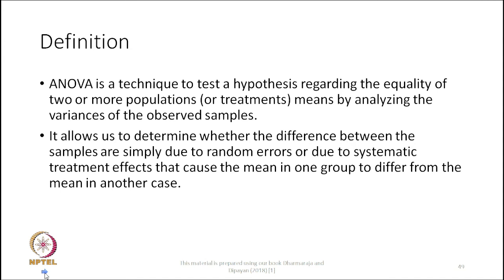This is the difference between testing of hypothesis regarding the population mean and analysis of variance, or ANOVA.